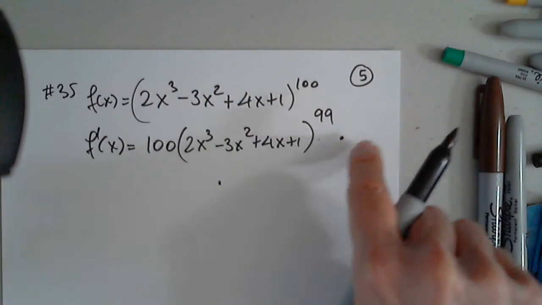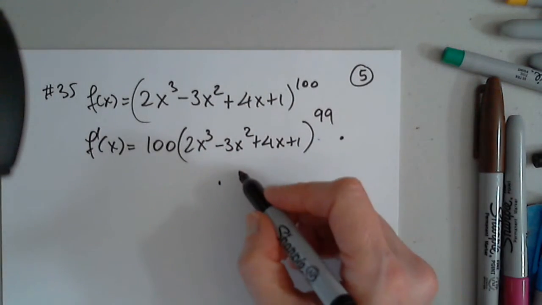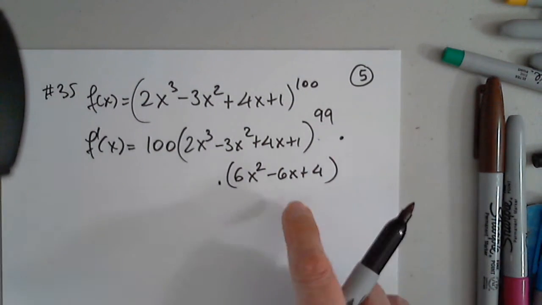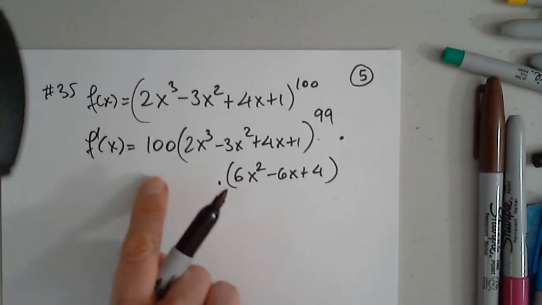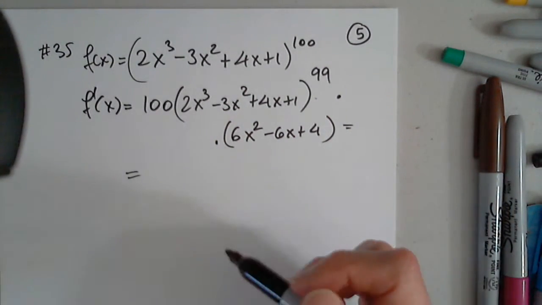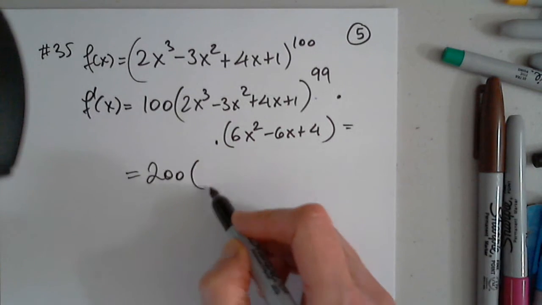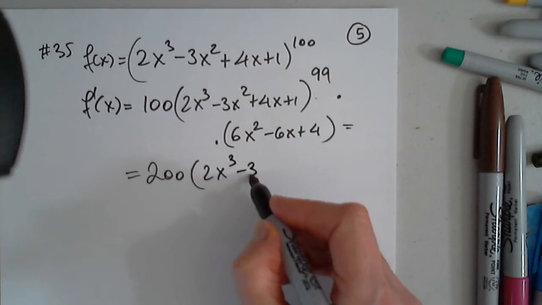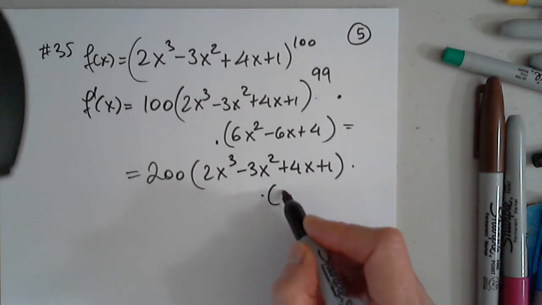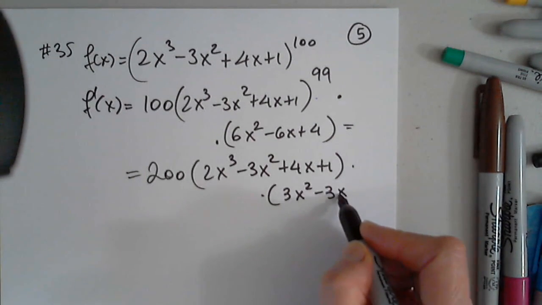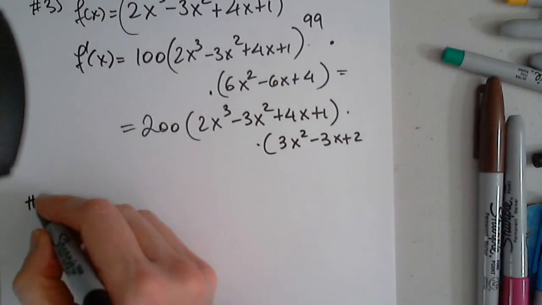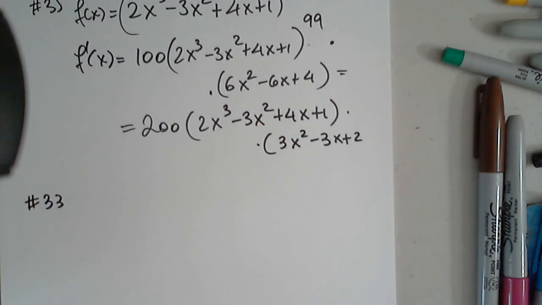So this is 6x squared minus 6x plus 4. I would normally pull out a 2 and multiply in front. I would recommend that. You will see why in the next chapter. So 200, 2x to the third minus 3x squared plus 4x plus 1, and now I'll multiply by 3x squared minus 3x plus 2. Sorry, my apologies. Yes, you did say 33. I copied 35 for some reason.